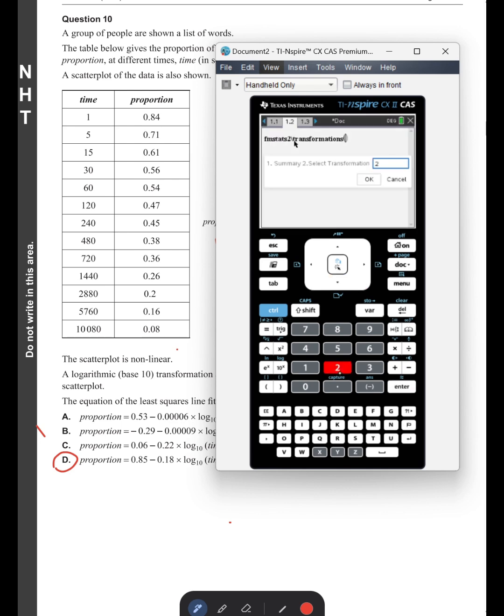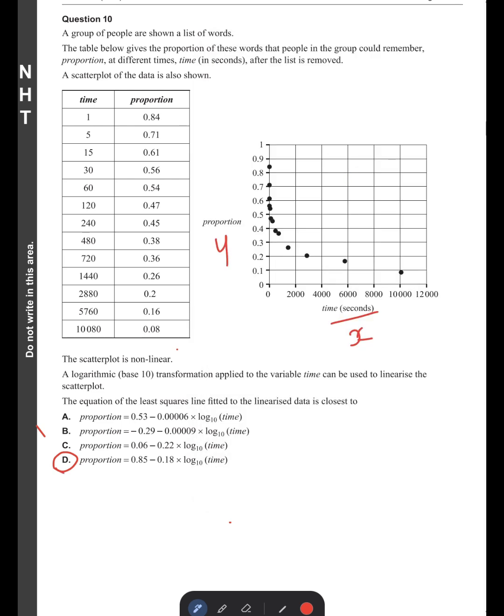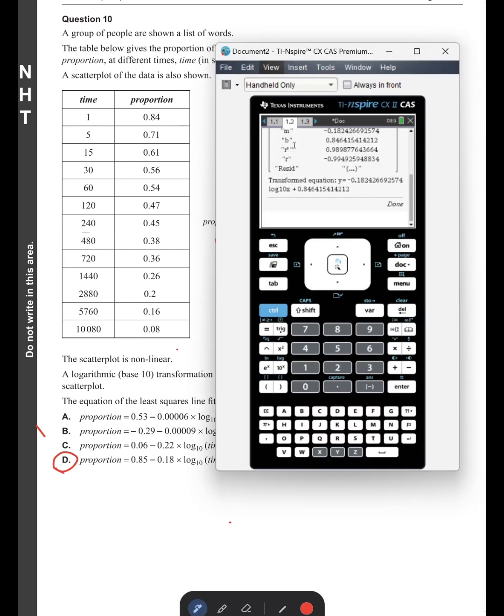We're going to select a transformation because we already know which one we're going to do, and it is log of x, so that is number 3. Okay, and then we're just going to check it. So it is negative 0.18. Remember that with FM stats, it's in mx plus c form, so that is before the log 10 of x, and then plus 0.85, so we know that that's correct there.